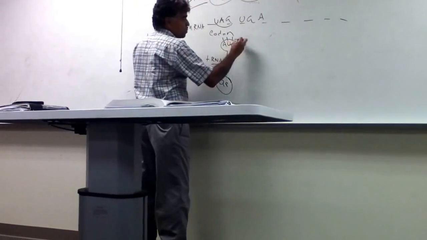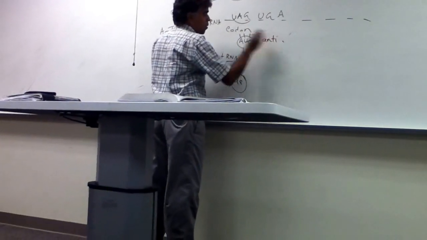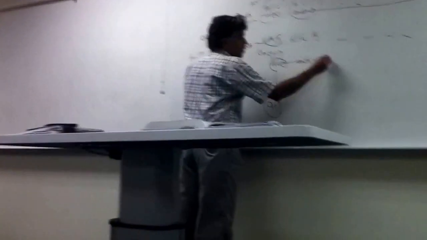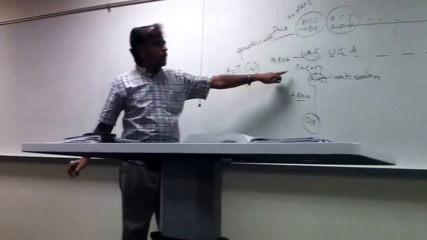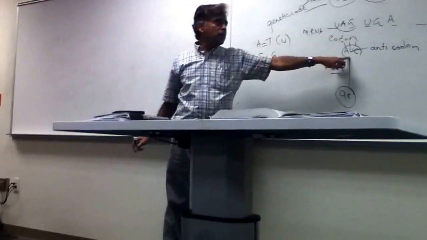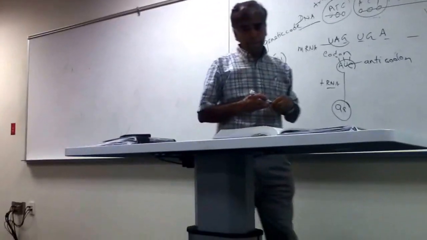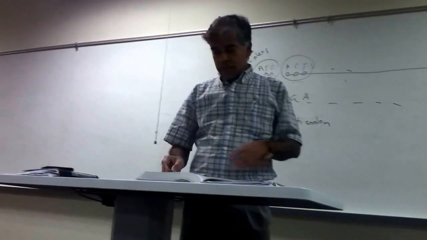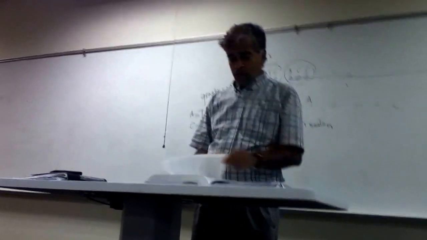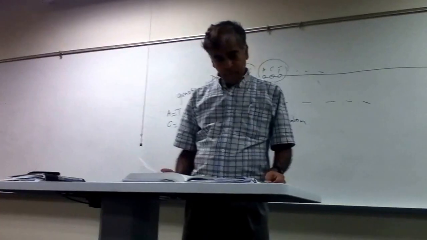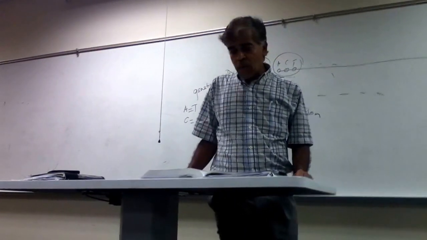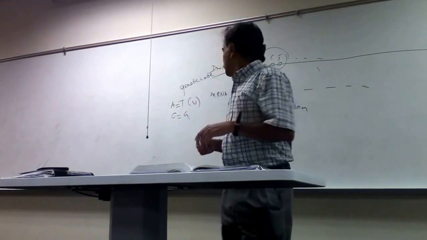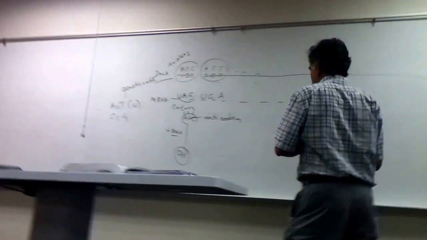This triplet they call anticodon because it's opposite or complementary to the codon. The genetic code is in the DNA, codon is in the mRNA, anticodon is in the tRNA. So under genetic code, you will see all these discussed, the base triplet, codon. And also you have codons to tell where to start, where to stop.